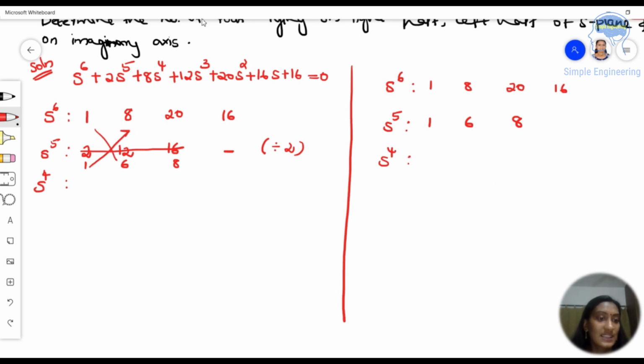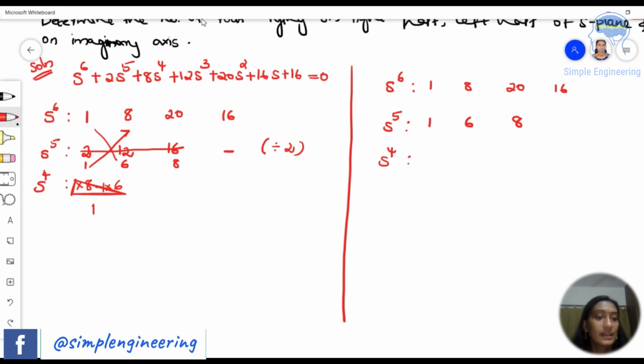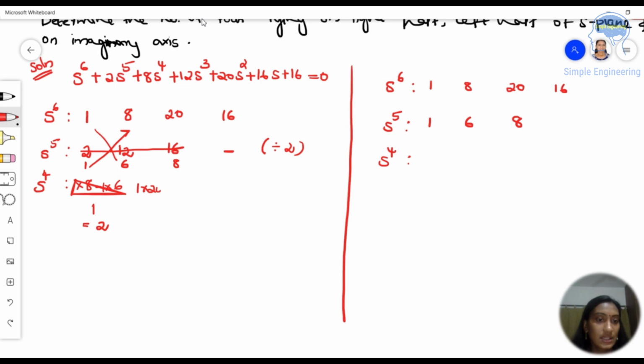So you have to find the s power 4 term, which means 1 into 8 minus 1 into 6 divided by 1. So you will get 8 minus 6 by 1, which is equal to 2. Next you take this term: 1 into 20 minus 1 into 8 by 1.